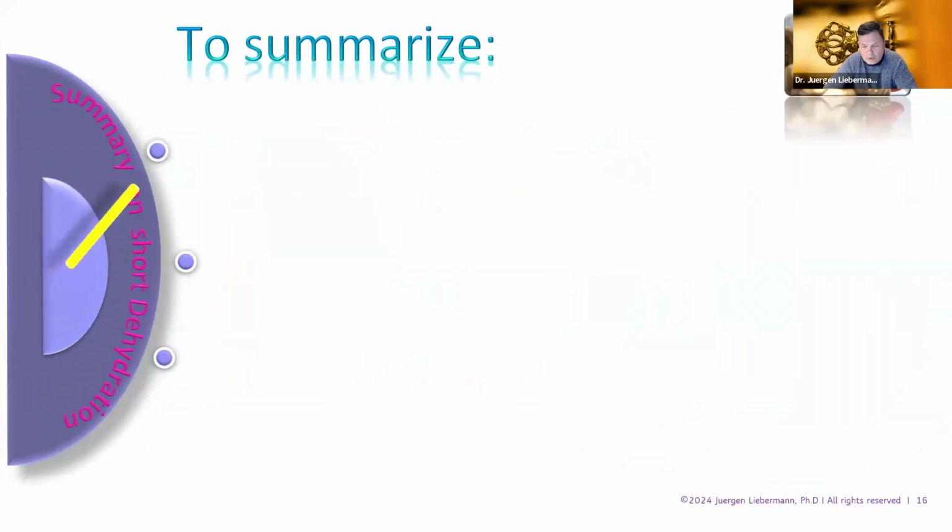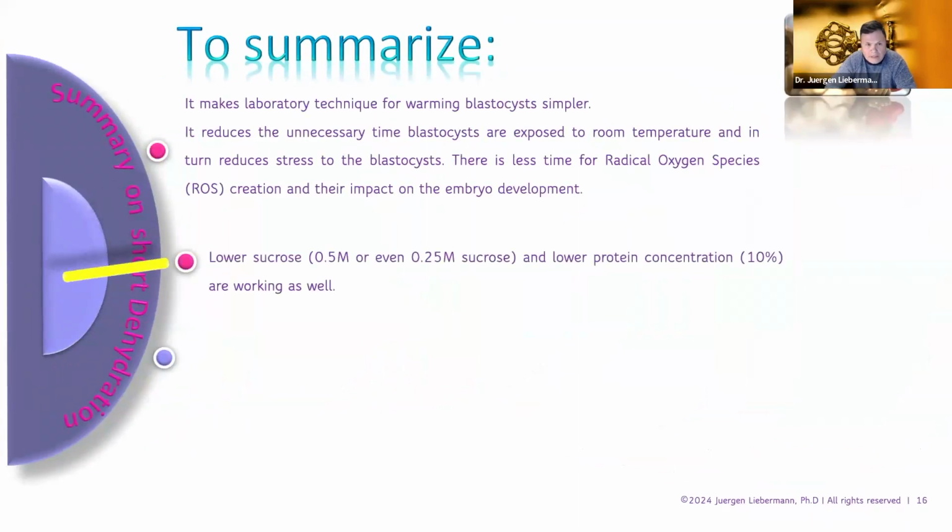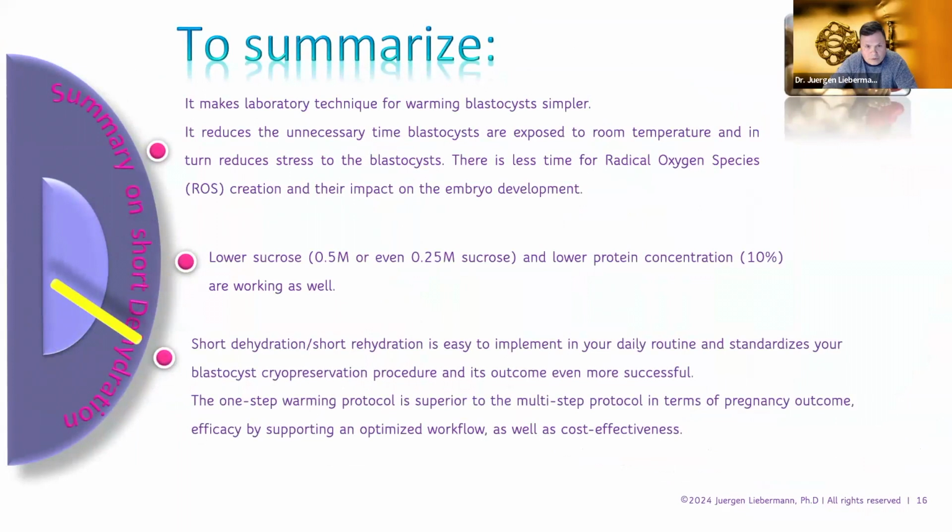So to summarize to that point on blastocysts, this protocol makes the laboratory technique easier for warming blastocysts. It simplifies. It reduces unnecessary time blastocysts are exposed to room temperature, and in turn reduces the stress to the blastocysts. There is less time for reactive oxygen species creation and their impact on embryo development.